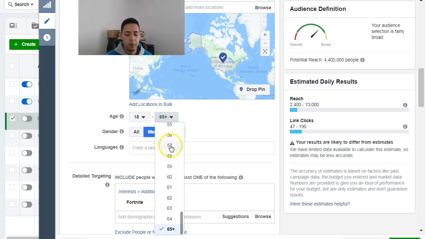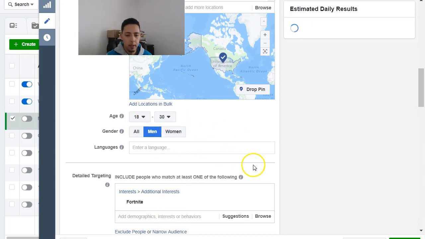Just remember that. Now you don't want to target people that old, so I'd probably test it in 10s, so 20 to 30, 30 to 40. And actually I'll probably keep between 20 and 30, because I don't think all people like this game. 18 and 30.